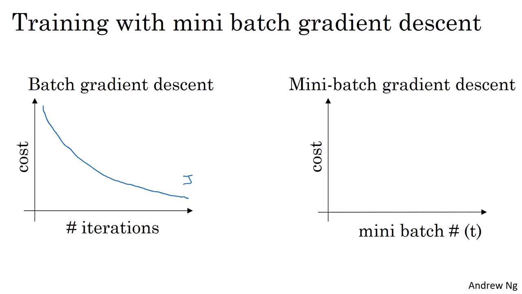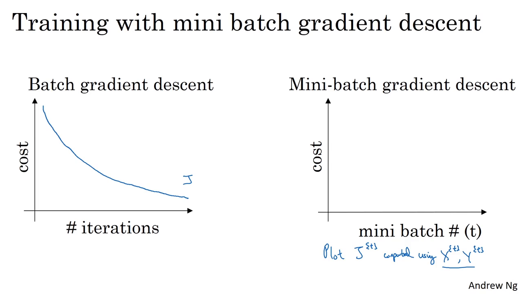On mini-batch gradient descent though, if you plot progress on your cost function, then it may not decrease on every iteration. In particular, on every iteration, you're processing some X{t}, Y{t}, and so if you plot the cost function J{t}, which is computed using just X{t}, Y{t}, then it's as if on every iteration you're training on a different training set, or really training on a different mini-batch.